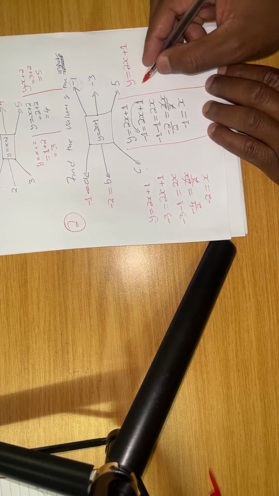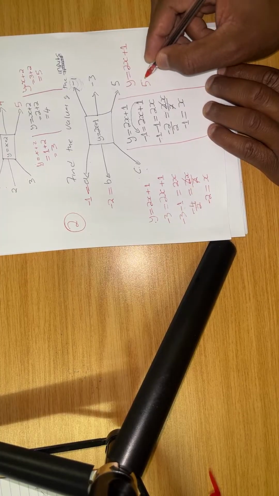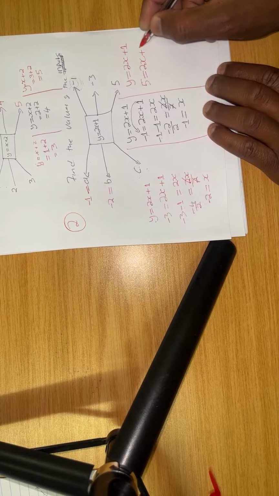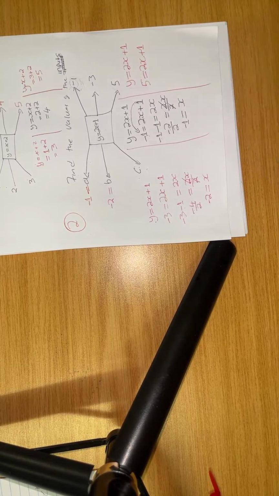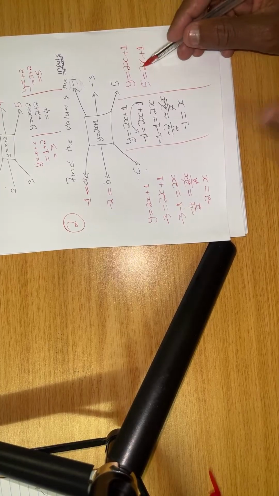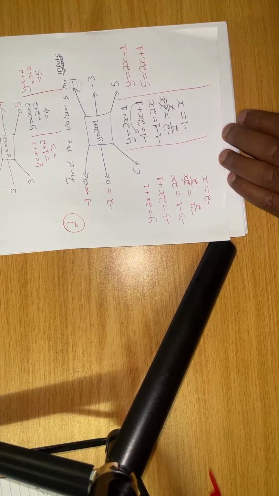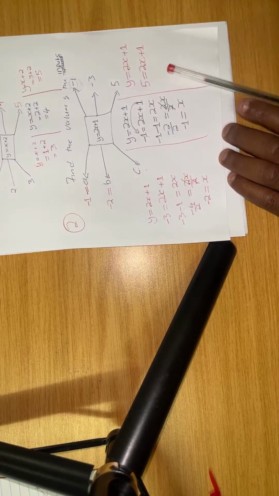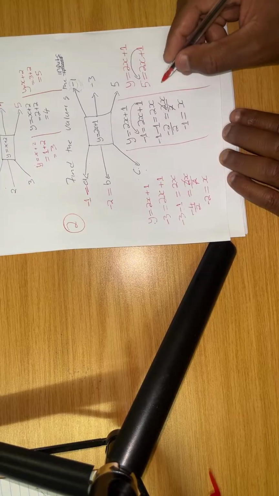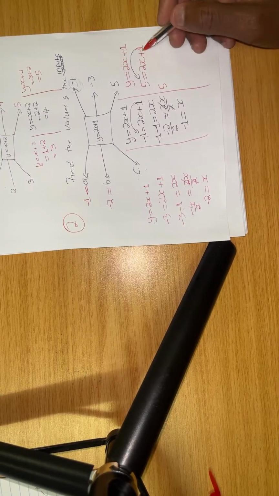So y will be replaced by 5, equal to 2 times x plus 1. From this one now, you have to transpose to the left-hand side. We're going to move 1 to the left-hand side. So 1, it was positive on the right.